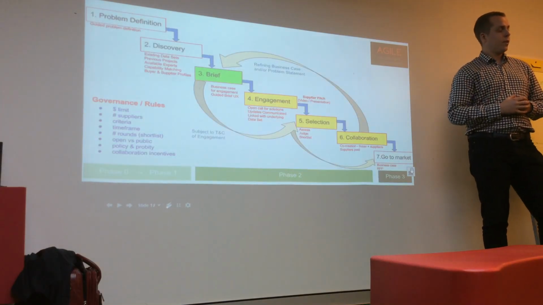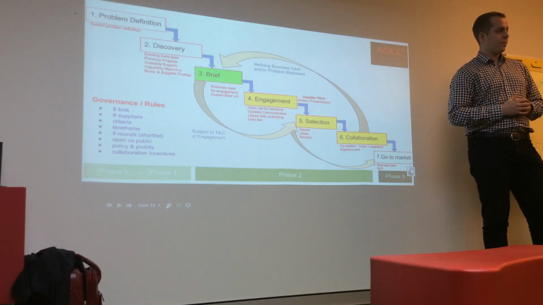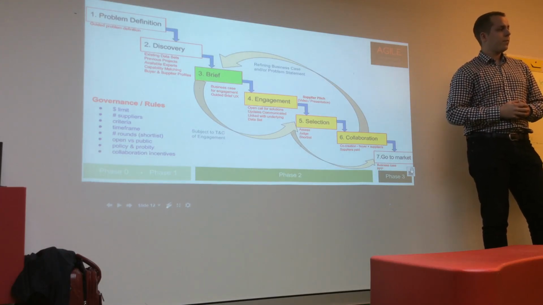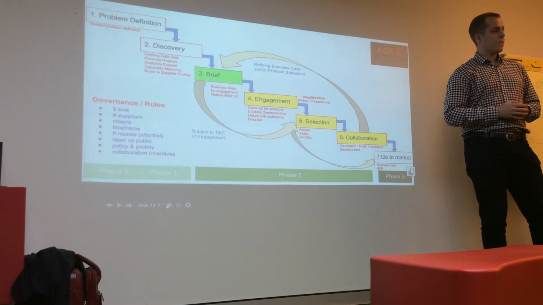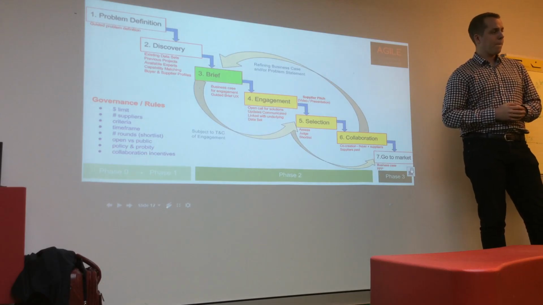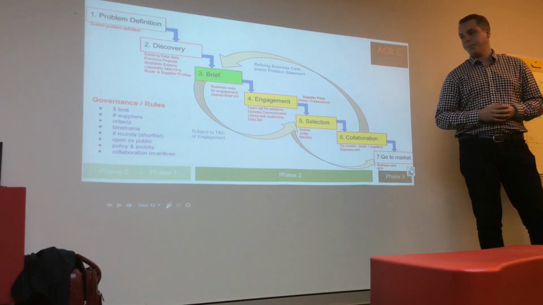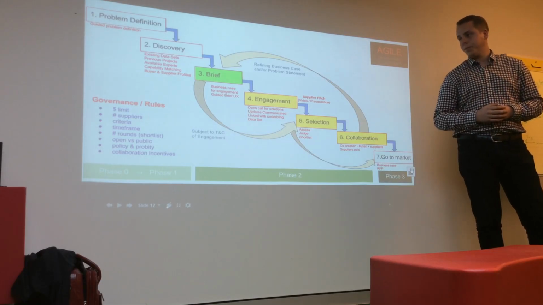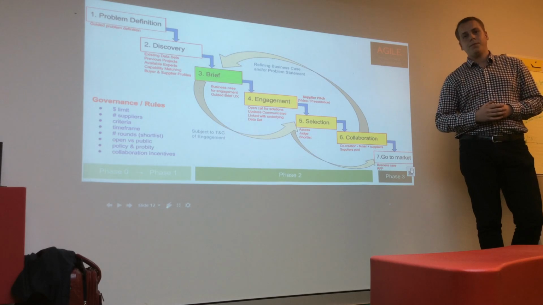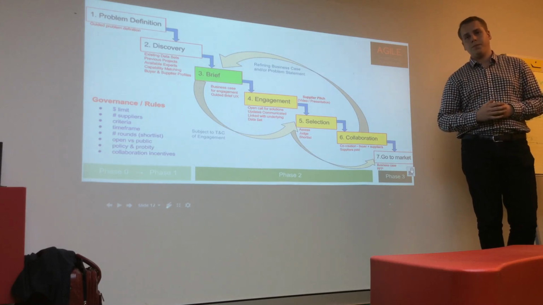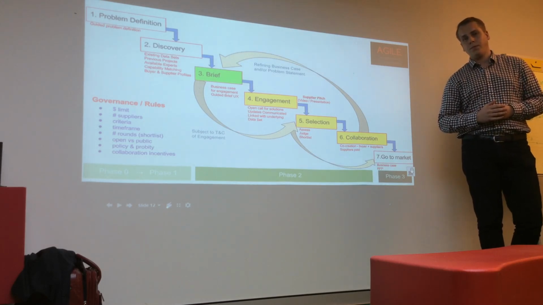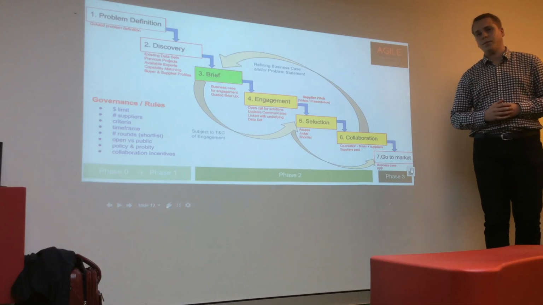In terms of the engagement model, then, do you have another engagement and selection based on that? Are you limiting who you go to market with based on that? Yeah, depending on what the rules are set up, and that's why we put in the number of suppliers there. So if we say that we want 5, the brief goes out, we get 60 people apply, 5 get down selected, go through that collaboration.